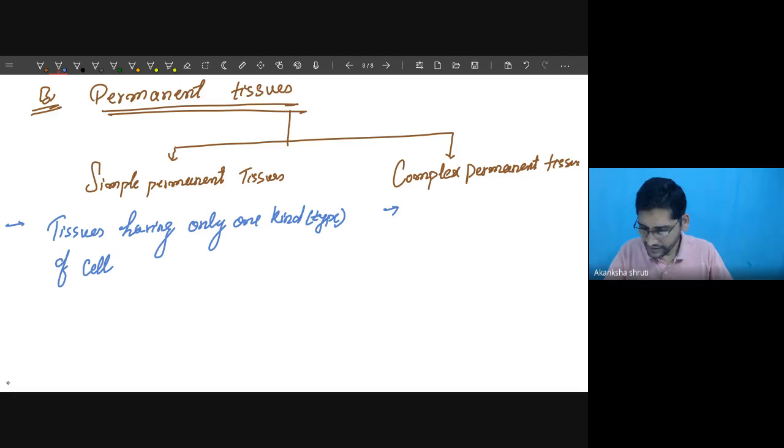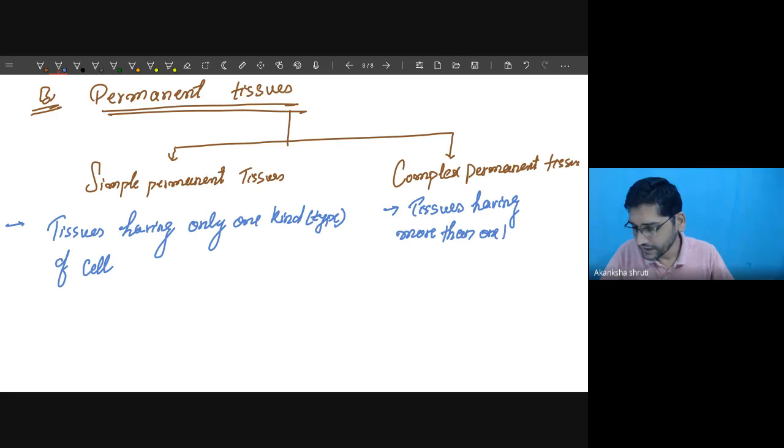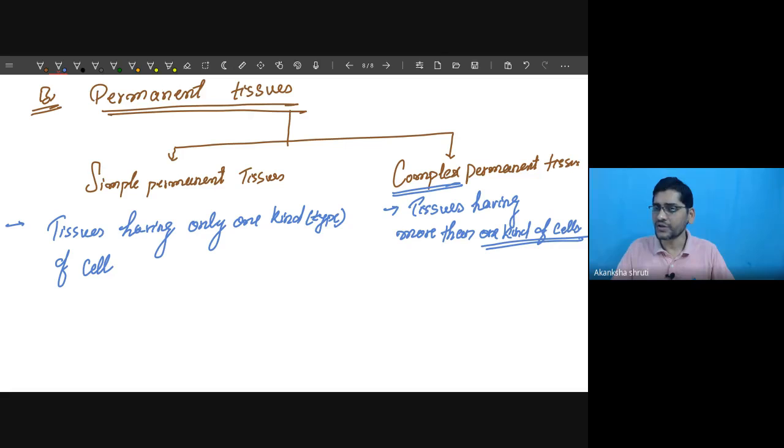And complex tissues consist of more than one kind of cell. So it is the difference. Because of the more than one kind of cell, the structure is also complex.